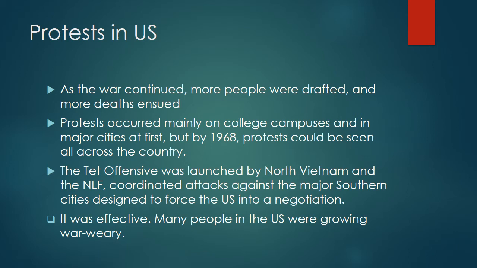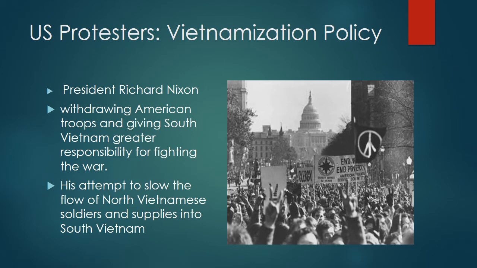It was effective, and these protests in the US were very effective, and many people in the US were growing war weary. It also impacted US involvement and performance in the Vietnam War to a great extent.